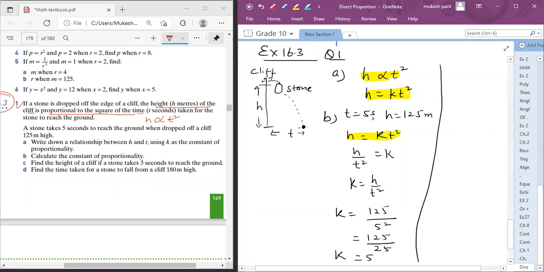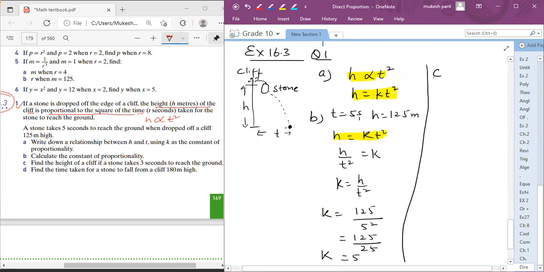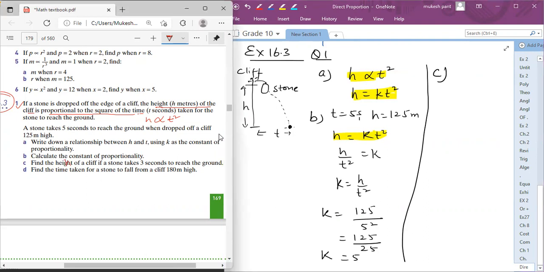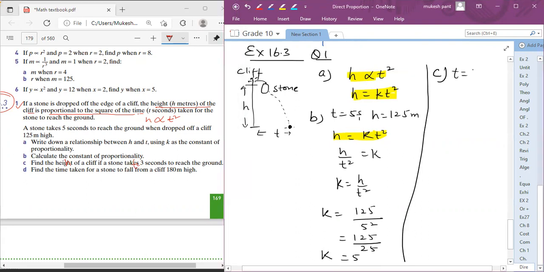Now, if you look at part C, in part C we have to find out h, and this is t equals, so t is given, t equals 3 seconds.